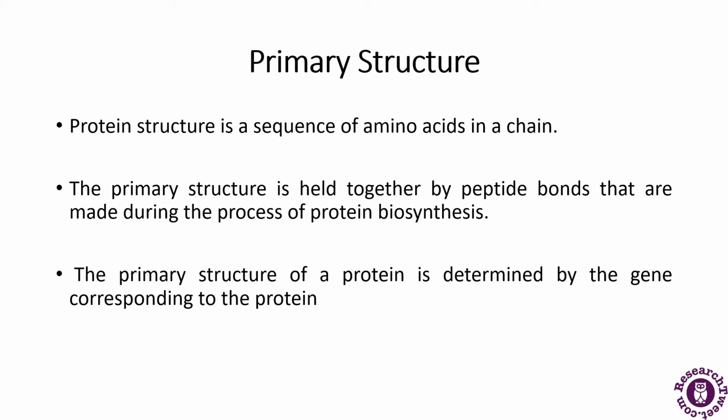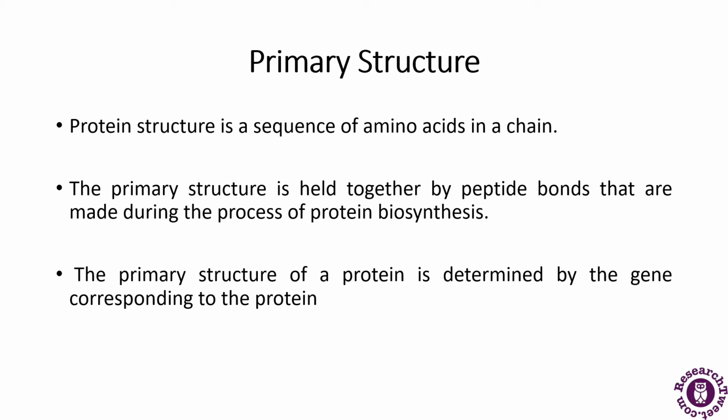Now the primary structure. The primary structure of the protein is nothing but a sequence of amino acids in a linear polypeptide chain, formed by the amino acids in a particular sequence. Changing the position of even a single amino acid will result in a different chain and hence a different protein.